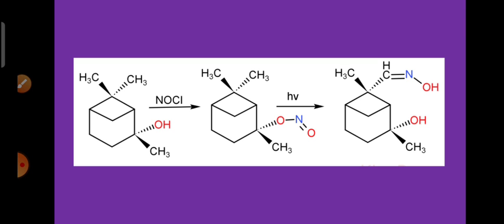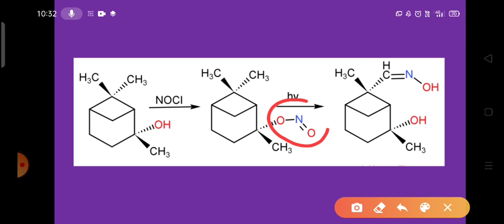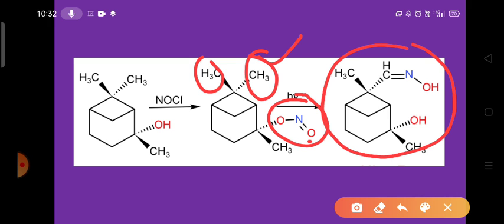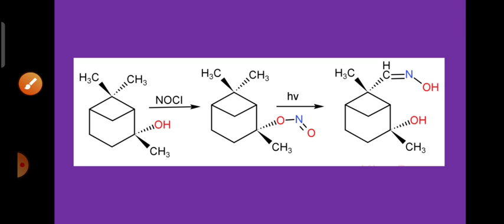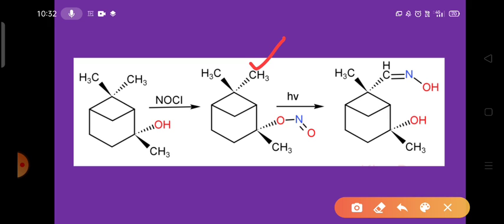Look here, in this example this nitrite group and this carbon are lying in the same plane. So that's why the nitroso group will attack this carbon, not this carbon. As a result, we get the oxime at this carbon only. The delta methyl and nitroso group are lying in the same plane, so we get the product here.